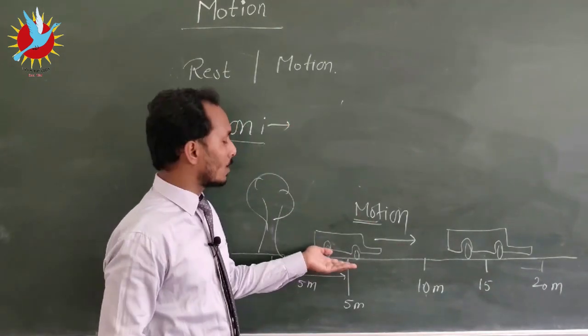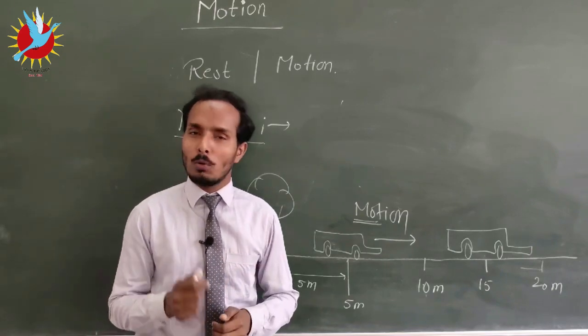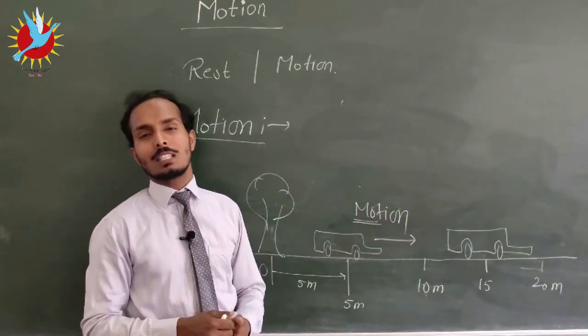So how do you define motion? An object is said to be in motion when it changes its position with respect to time or surrounding.